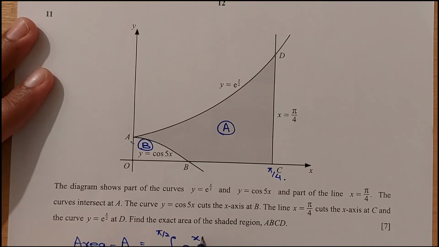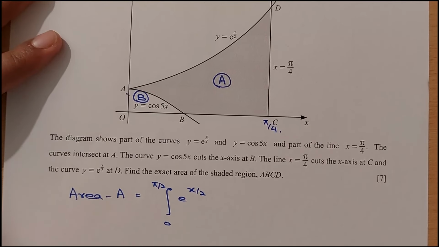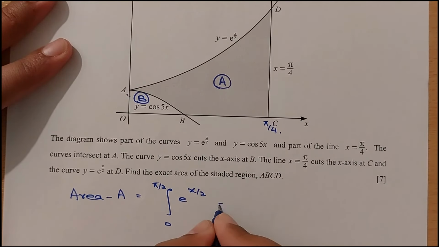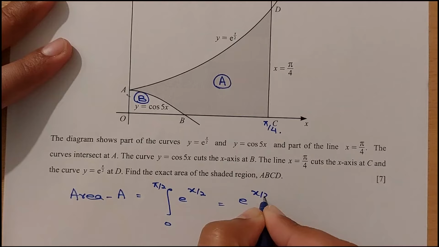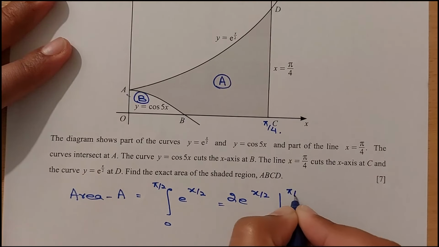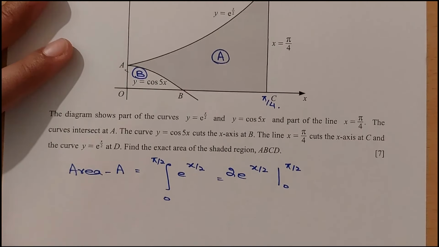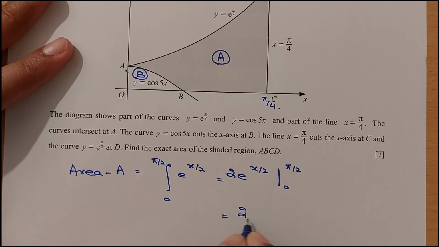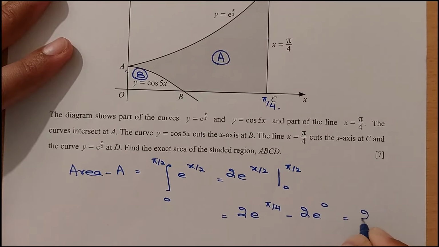e power x by 2. The integration of e power x by 2 is e power x by 2 divided by 1 by 2, that is 2, from 0 to pi by 4. Substituting the upper and lower limits, we get 2 e power pi by 8 minus 2 e power 0, and e power 0 is just 1, so 2 e power pi by 8 minus 2.